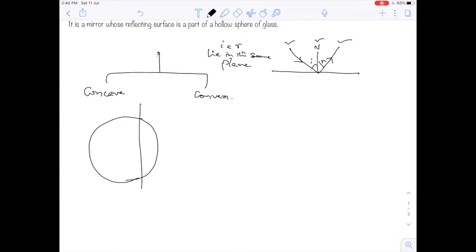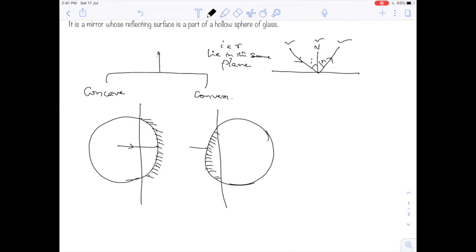So, if you consider this part, it is coated outside, and if you consider this part, it is coated inside. So, this is the reflecting surface, which is inward here, and here it is outward.